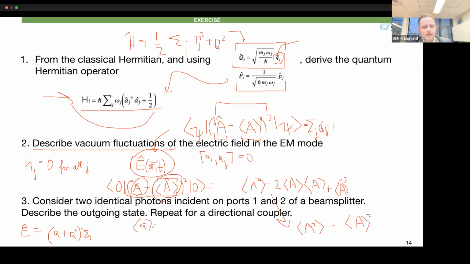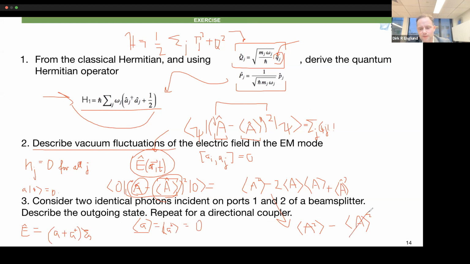If you apply a on the vacuum field, it is equal to 0, so the expectation of a is 0, and similarly for a dagger the expectation is 0.